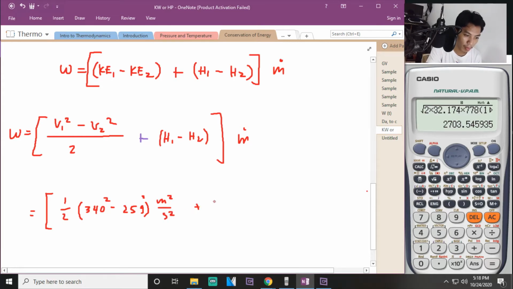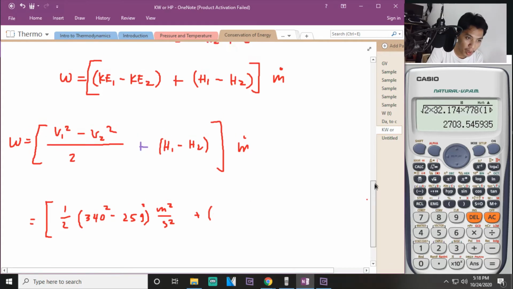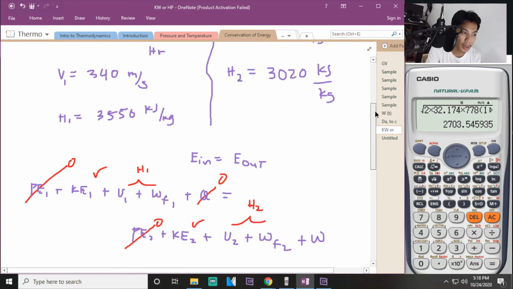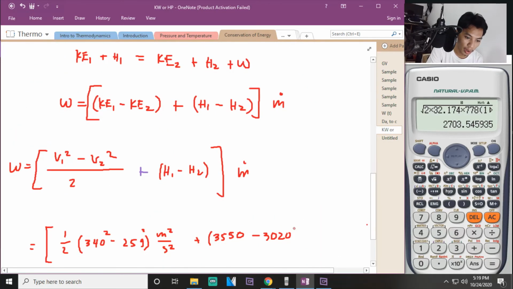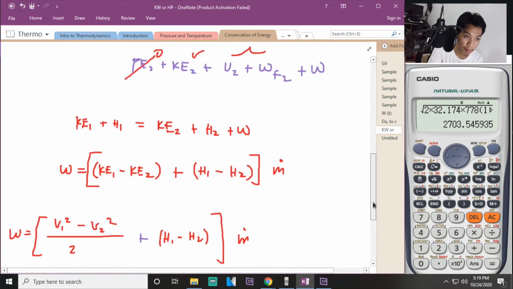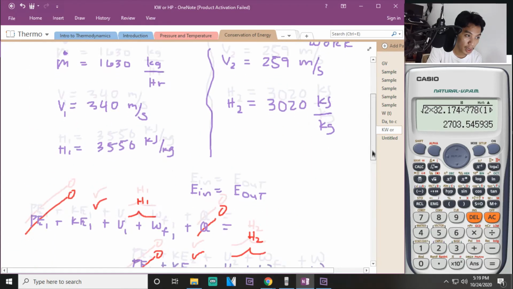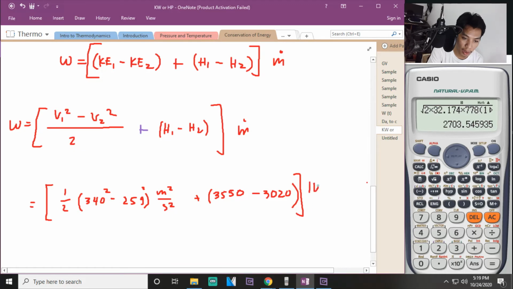Plus, so this will be, yung H1 is 3550 minus 3020. Check natin kung 3020. Ayan. And then, i-multiply mo ng mass flow, which is, ano yung mass flow? 1630 kilogram per hour.